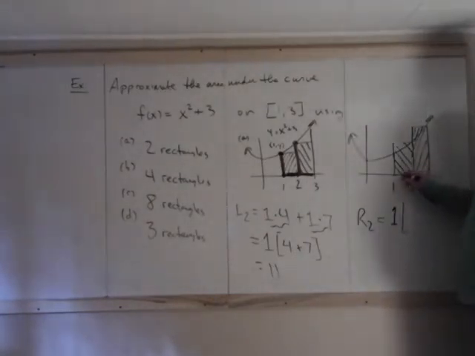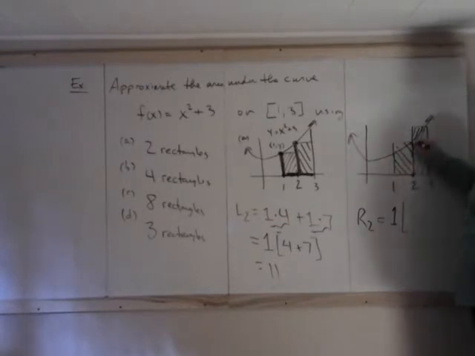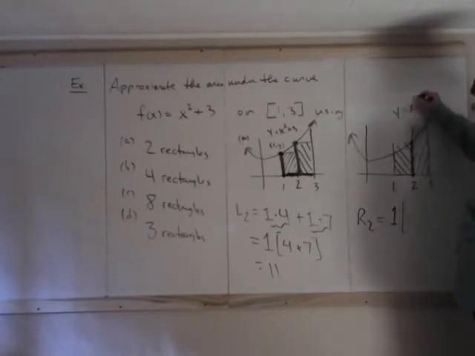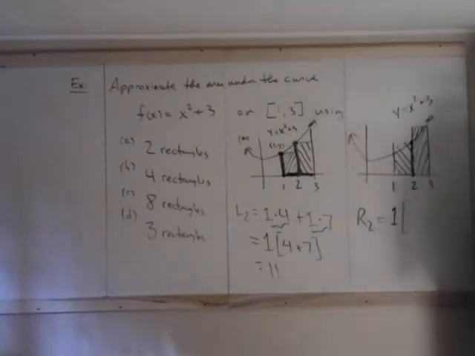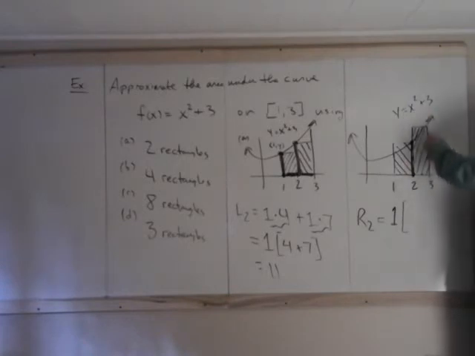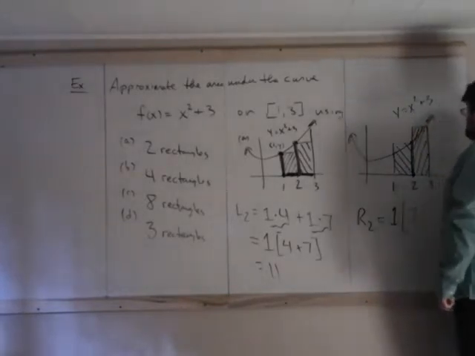Well, what's the height of the first rectangle? It's not determined over here. It's determined by the right endpoint. The first rectangle has this height. This height is the y value that occurs when x equals 2. So x equals 2 would give us 2 squared plus 3, 4 plus 3, which is 7.